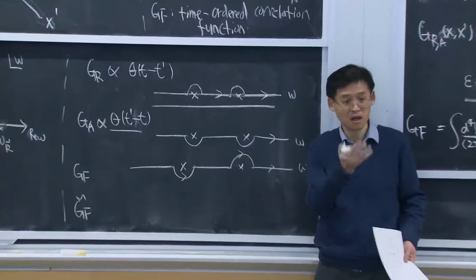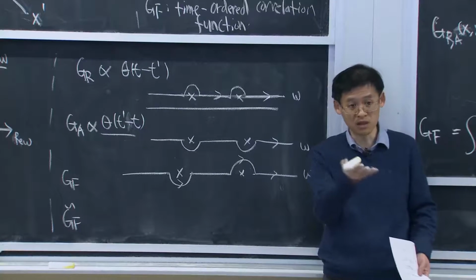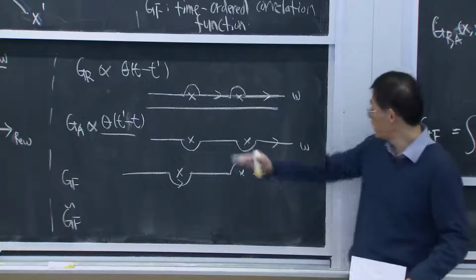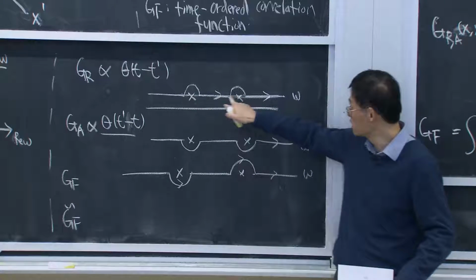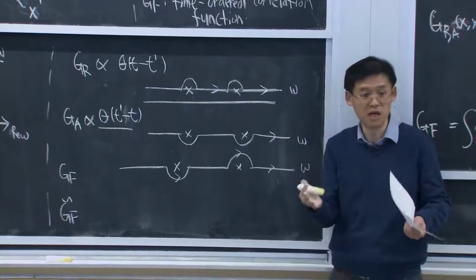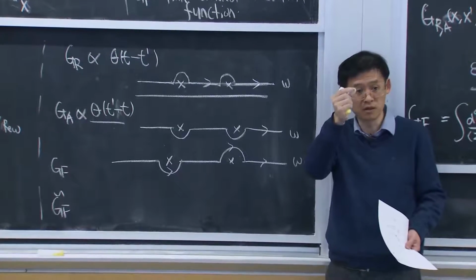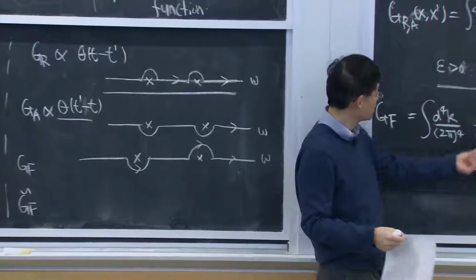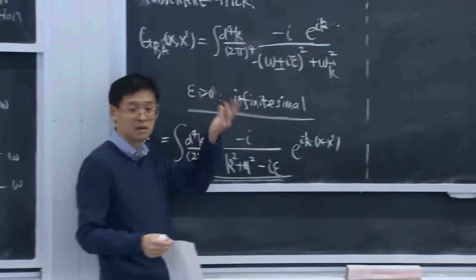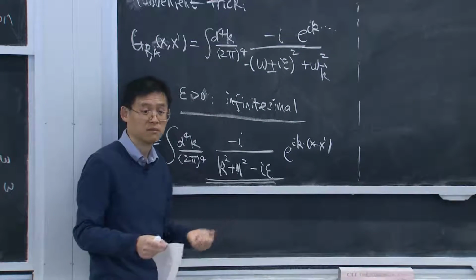It only matters what singularities it encloses. So as long as it encloses these two singularities, the story is the same. But since I change the singularity location only by epsilon, and in the end I will take this epsilon to 0, the value will be the same.